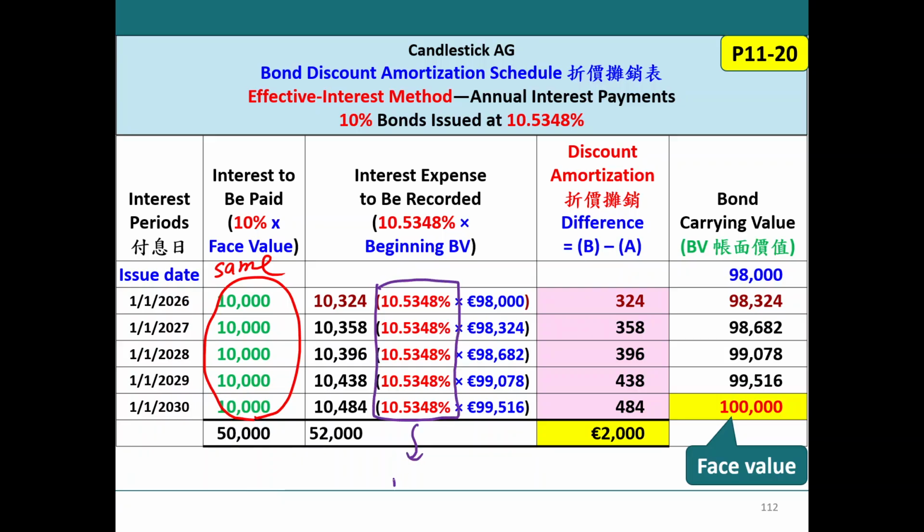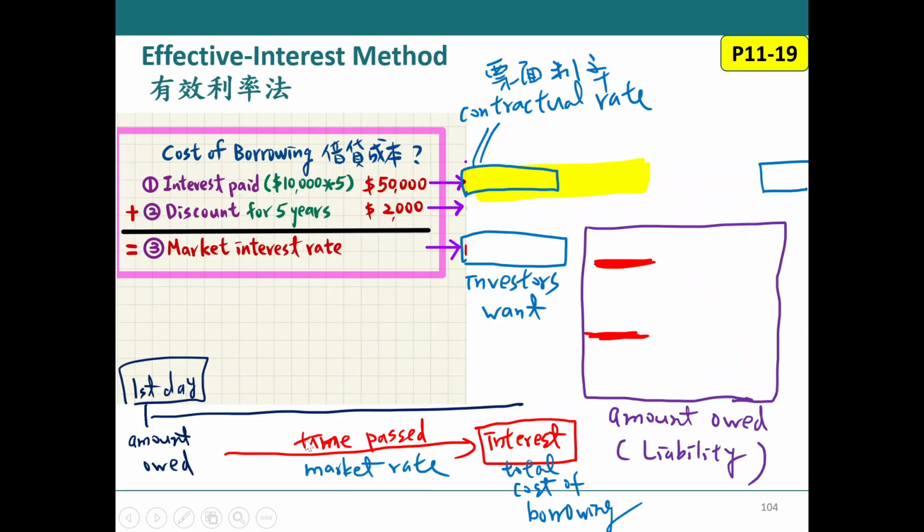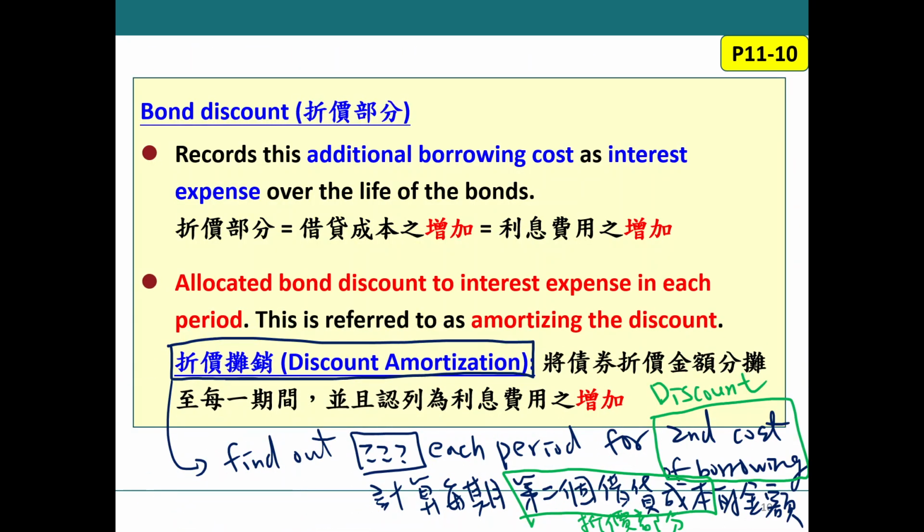When we want to report our cost of borrowing, our interest on financial statements is always based on the market interest rate, okay? So that's why we use the effective interest method we just mentioned here.